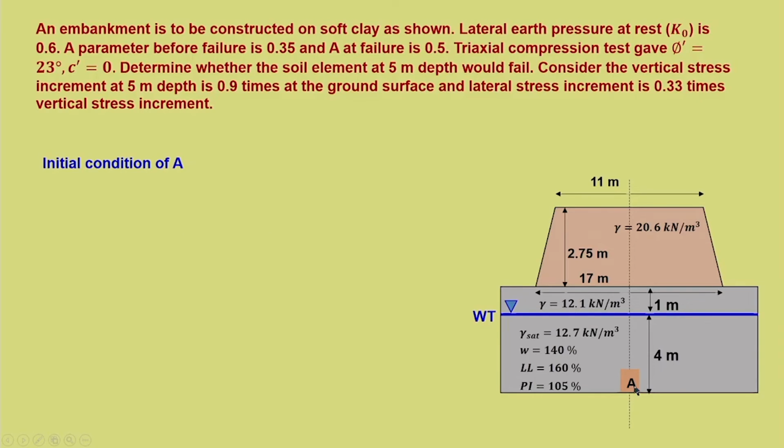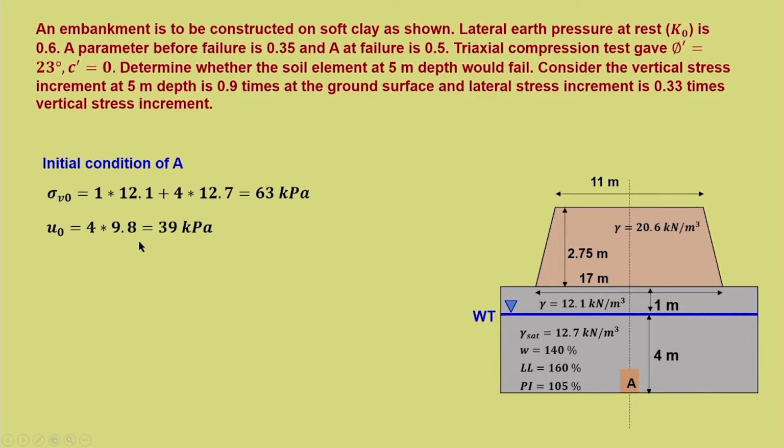So, the initial condition of A is because of the self weight. So, sigma V naught is equal to 12.1 into 1 plus 4 into 12.7, that is the total vertical stress, equal to 63 kilopascal, and that is the initial condition. U naught, if you consider a piezometer here, it will rise up to 4 meter.